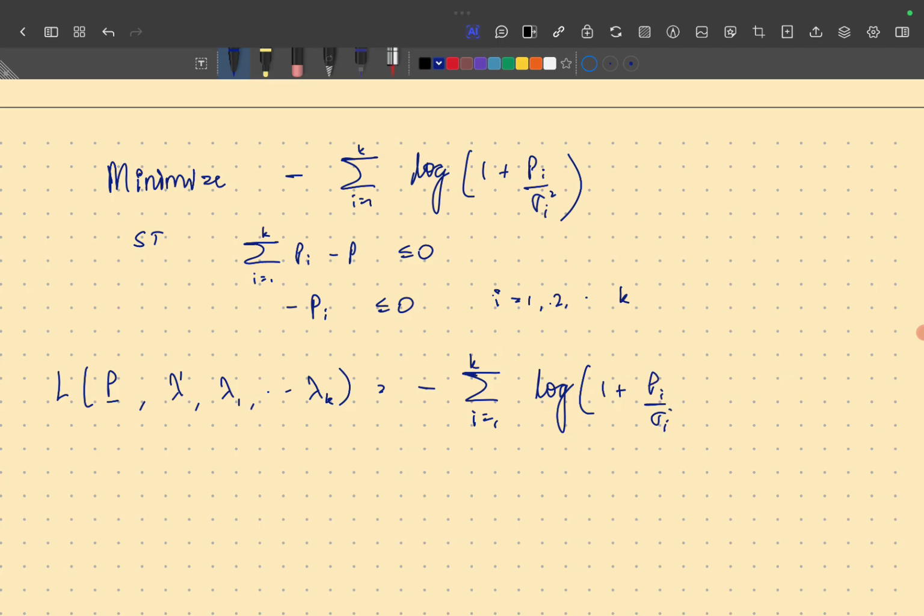So the Lagrangian is minus summation of log of 1 plus p_i by sigma_i squared, plus lambda times summation i equal to 1 through k of p_i minus P, plus summation i equal to 1 through k of lambda_i times minus p_i.